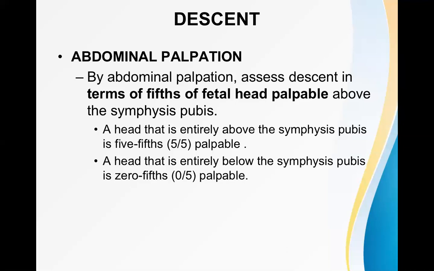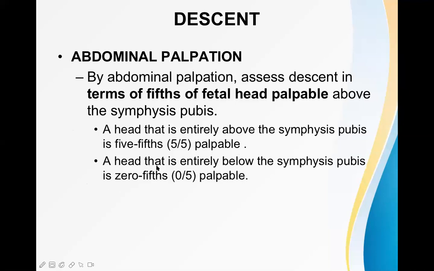So let us explain this further. A fetal head that is entirely above the symphysis pubis is 5 by 5 palpable. 5 by 5 palpable means it has not gone into the pelvic cavity at all. Okay, it has not entered into the pelvic cavity.